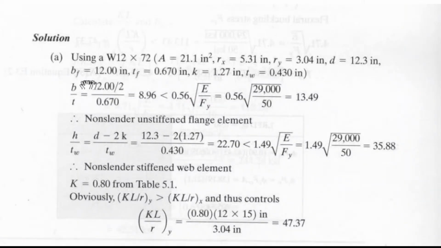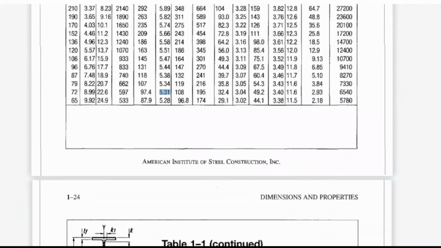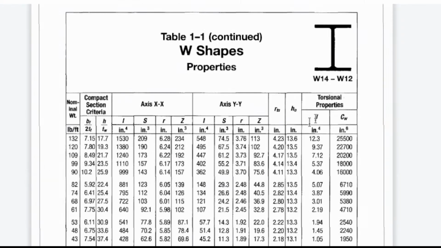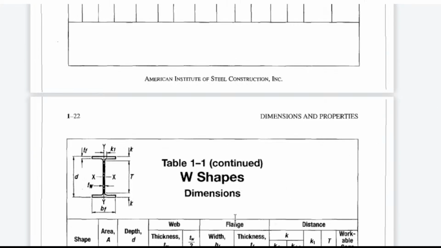Okay, so we verified those values. Therefore, bf. We also need to find out bf, tf, k, and tw. So just look at the table. We have it on the table. So bf is in the table above here. So bf, tf, okay, and k, the value of k.